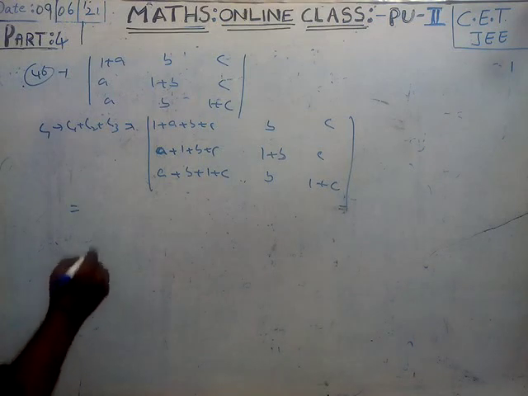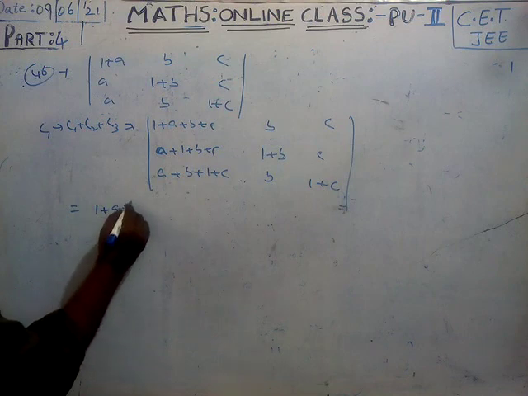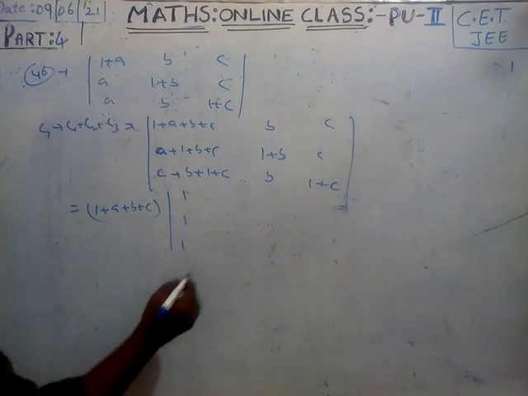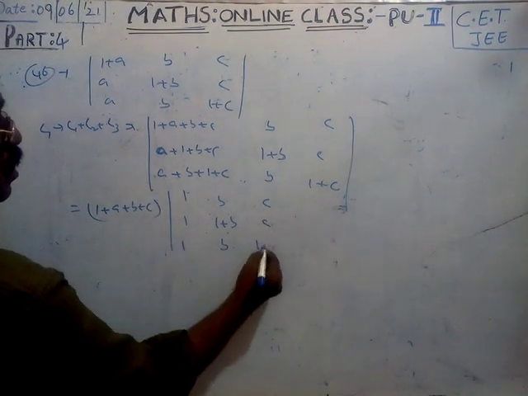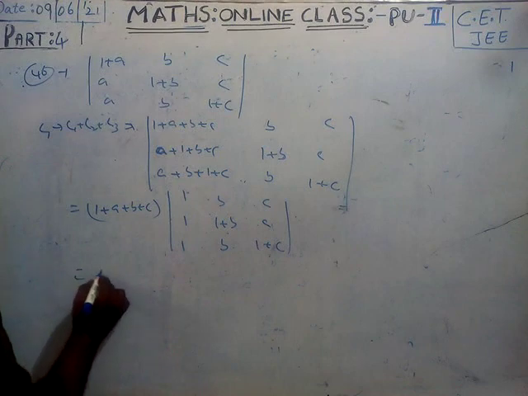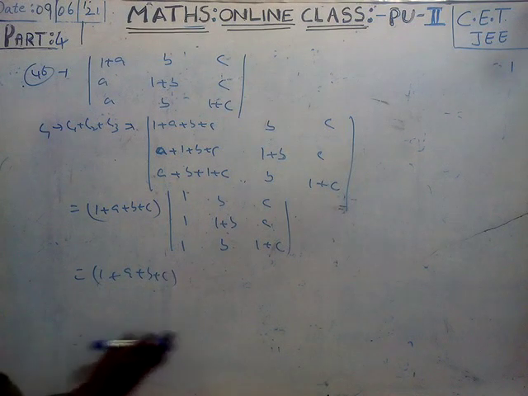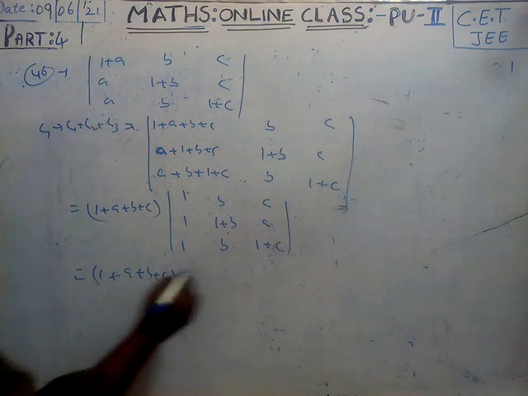Now in all, 1 plus a plus b plus c is common. Okay, now 1, 1, 1. It is b, 1 plus b, b, c, 1 plus c will come. 1 plus a plus b plus c is common.